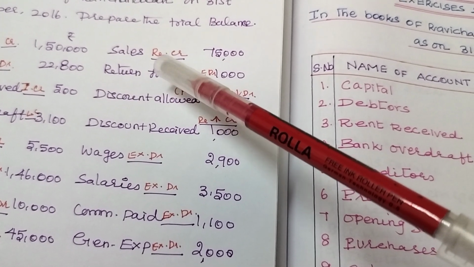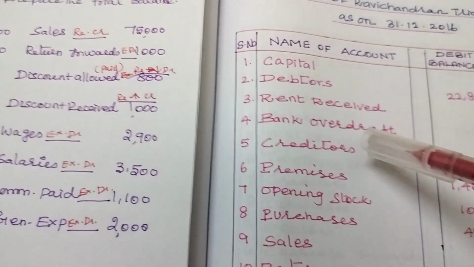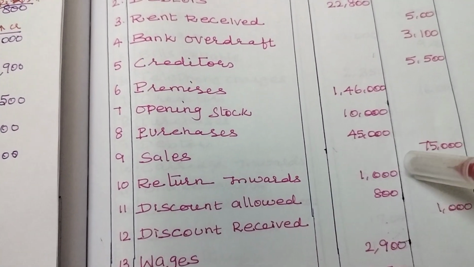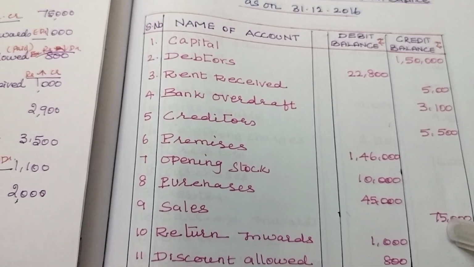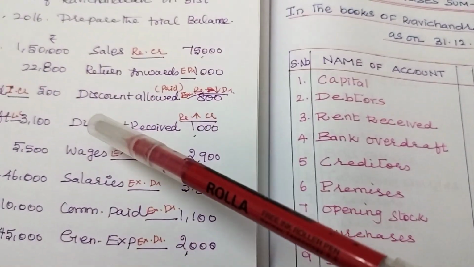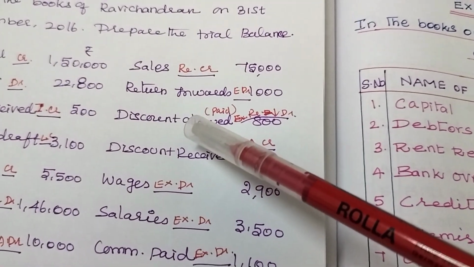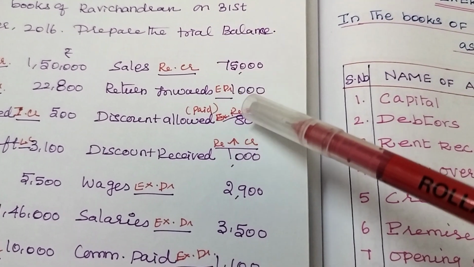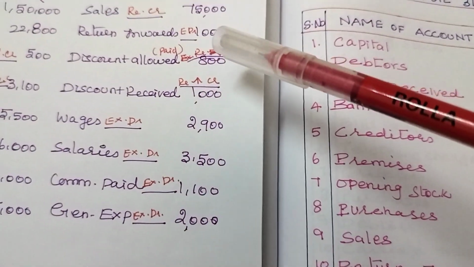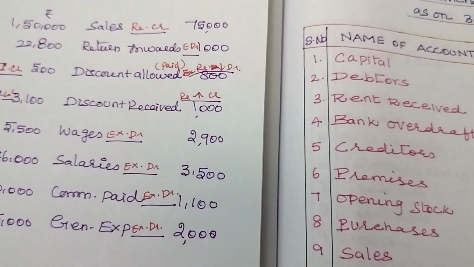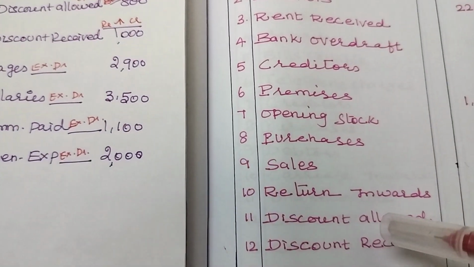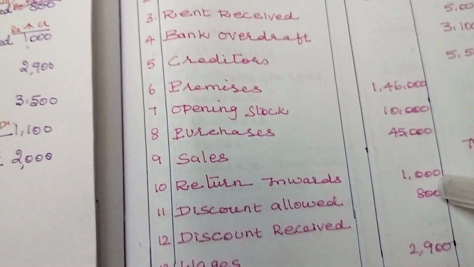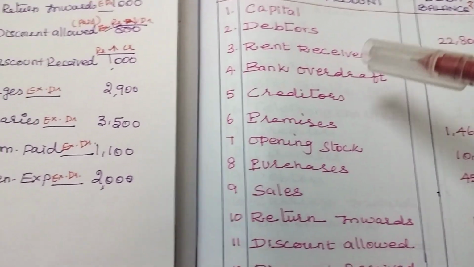Whenever revenue increases, we credit the revenue account. So sales rupees 75,000 is entered on credit balance. Then return inwards 1,000 rupees. All expenses are debited. So return inwards 1,000 rupees is entered on debit balance.